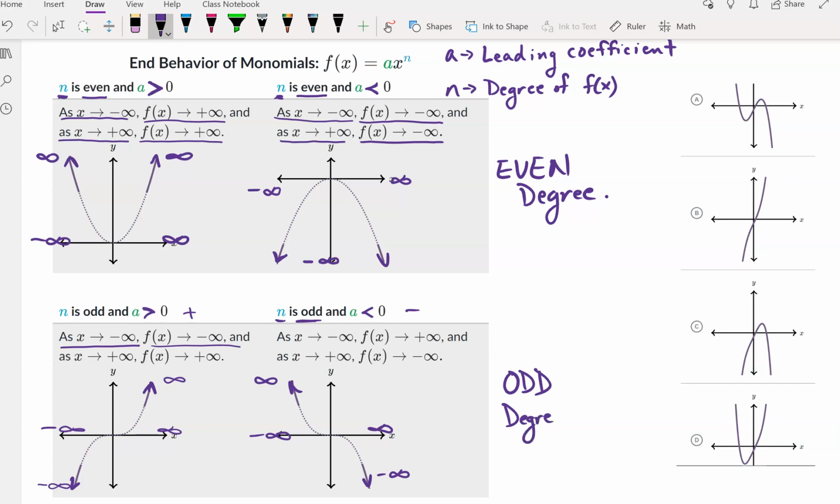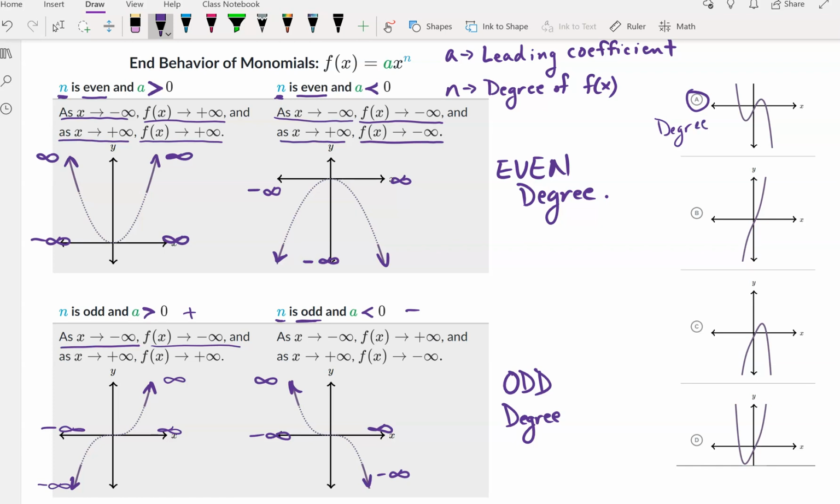Or you might want to be able to look at a graph like this one and go, oh, okay, I know first of all that this is an odd degree polynomial, so the degree of this polynomial is going to be 1 or 3, or probably not 1 because it has curves in it, more solutions than just 1.